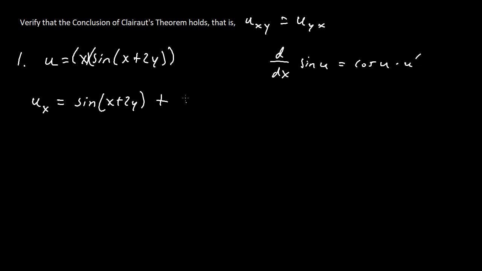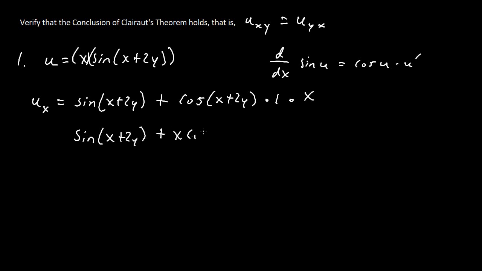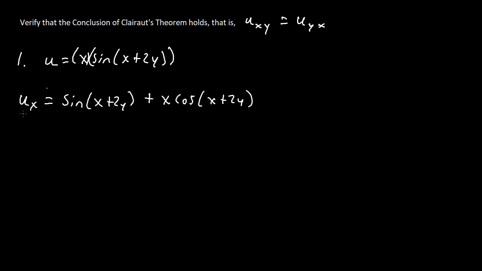So it's going to be cosine of x plus 2y, we leave the inside unchanged, multiplied by the derivative of the inside, and the derivative of x plus 2y, if y is a constant, it's going to be 1 plus 0, or simply just 1, multiplied by the first function unchanged, so times x. So we're going to end up getting sine of x plus 2y plus x times cosine of x plus 2y. So now, given that we have u sub x, now let's find u sub xy.